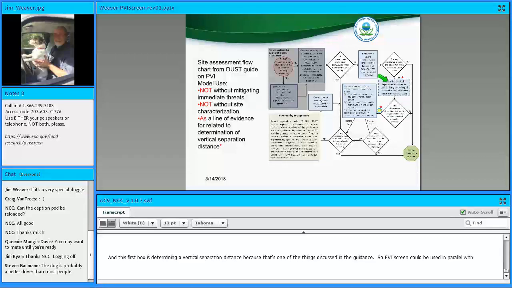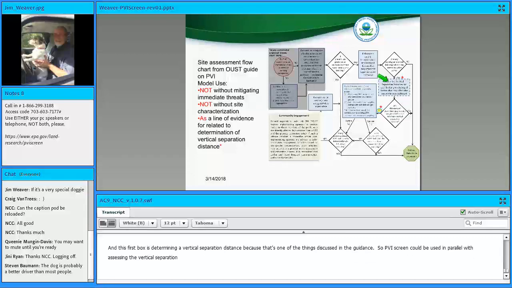That would be one potential use. Now, if it turns out that your assessment of the vertical separation distance is really marginal, maybe you can't really tell if there's 5 or 10 feet of clean soil, and maybe it's not clear from the site data. That's another situation where you might want to apply a model or apply PVIScreen.